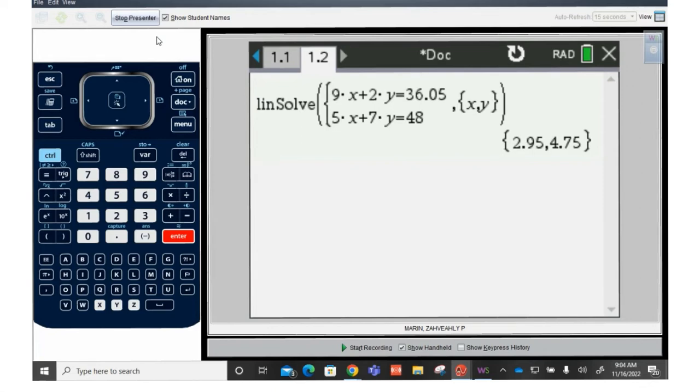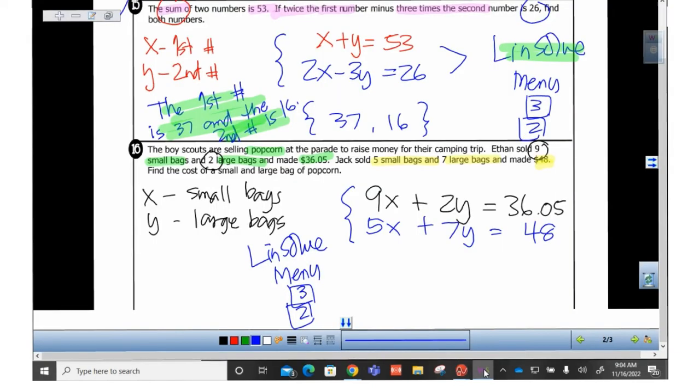So let's go back to our flipbook and write our answer: 2.95 and 4.75. Writing our final answer in a simple but complete sentence: the small costs $2.95.